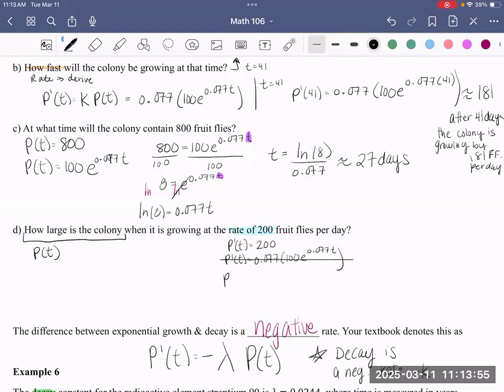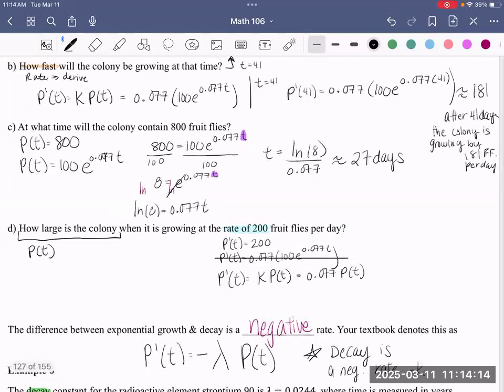And instead, I take what I know about your derivative here and say that the derivative of P of t is equal to k times P of t. That is to say 0.077 P of t. So now I have two ideas here.